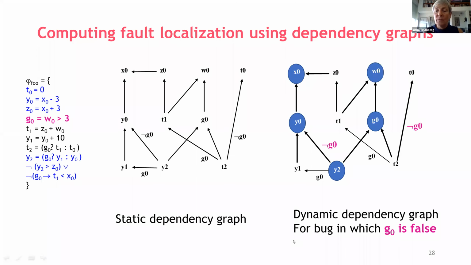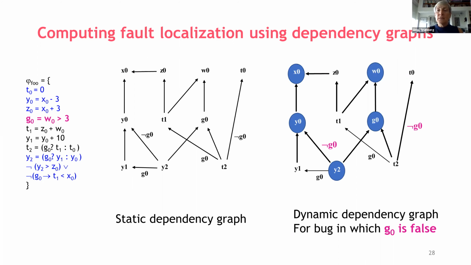And since in our bug, G0 was false, we now take, for instance, Y2, and we take all the variables that can be reached from Y2 along edges that are marked either by not G0 or by true. If there is no annotation, then it is actually annotated by true.